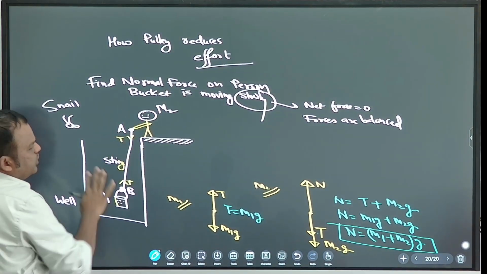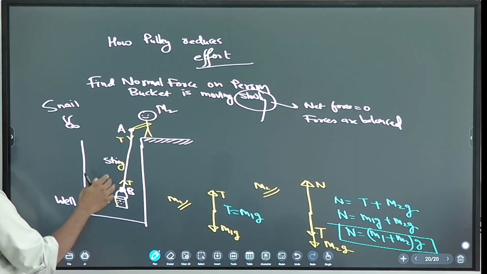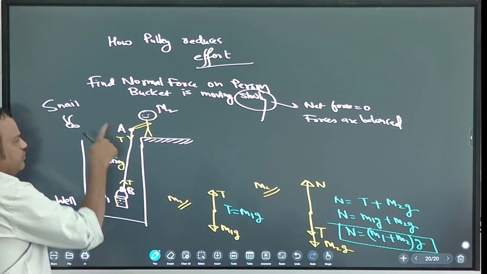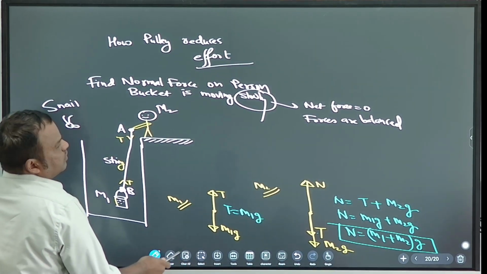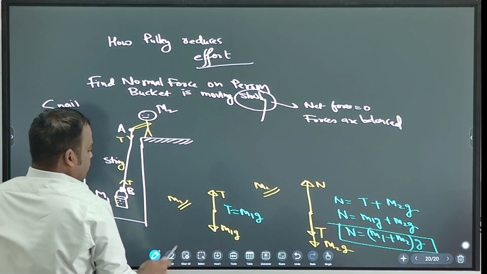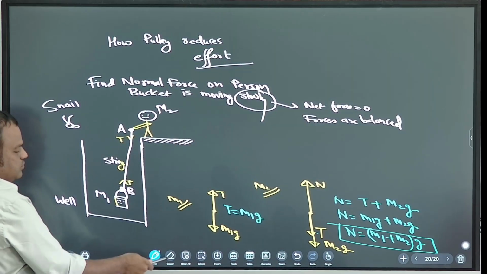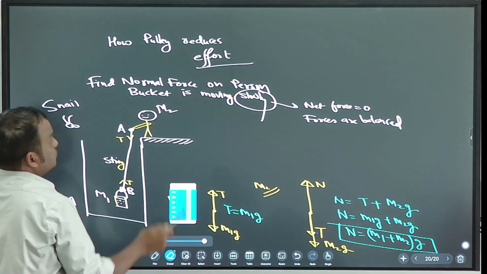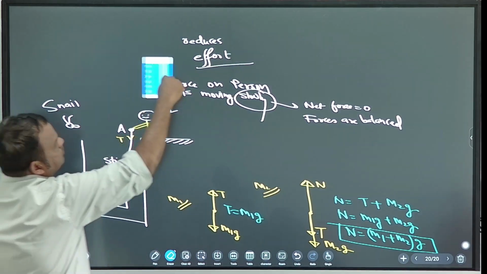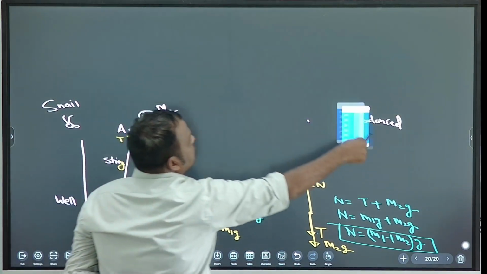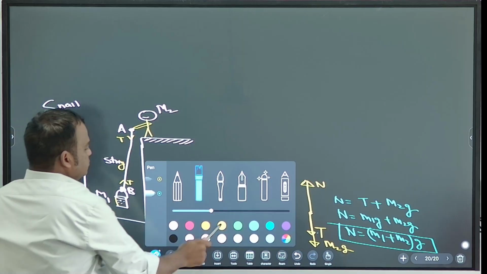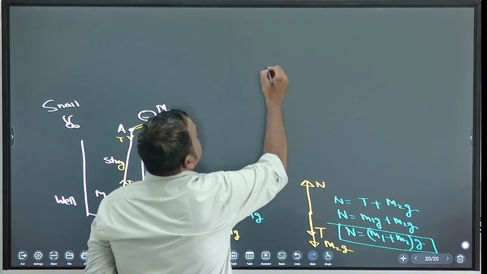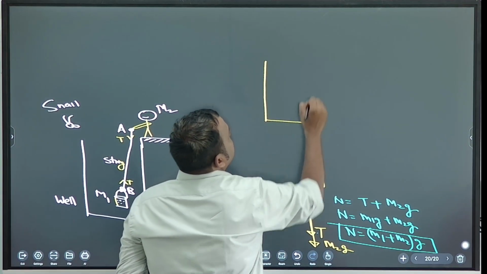So is there any pulley anywhere? Pulley is not there. Now we'll use pulley. So first you copy this. Better I will draw here only because it is easy to compare. Now we are using pulley. This is the well.